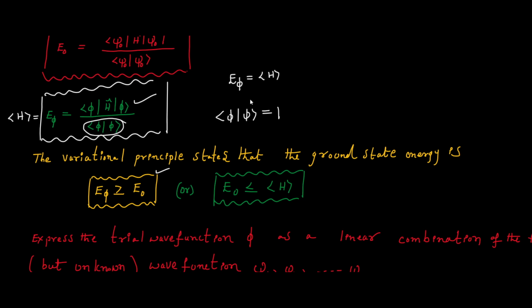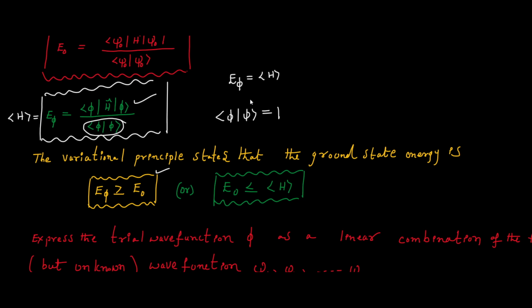In practice, the trial wave function is selected in terms of one or more variable parameters. The expectation value is evaluated, then minimized with respect to these parameters. The resultant value is the closest estimate possible with the selected trial wave function.